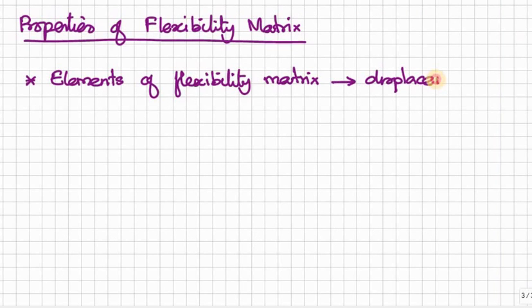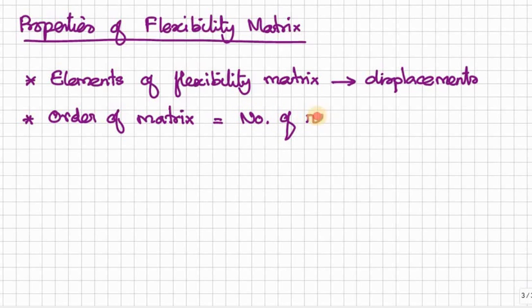The elements of the flexibility matrix are actually displacements, otherwise called flexibility coefficients. Then the order of the matrix is equal to the number of redundant forces. That means the degree of static indeterminacy.